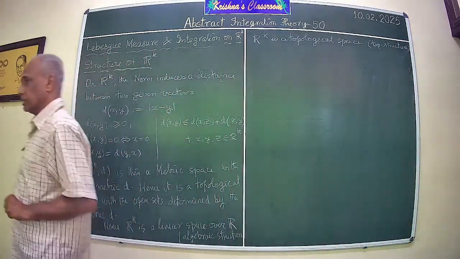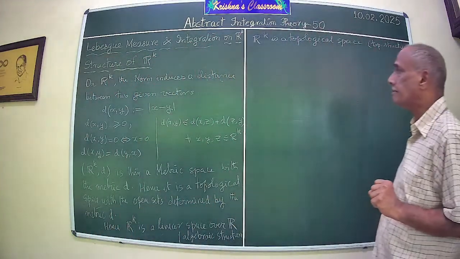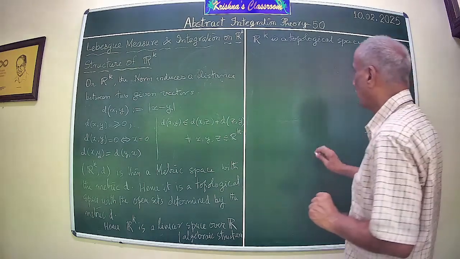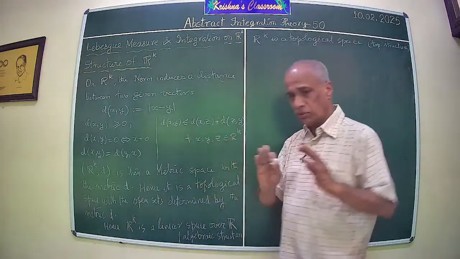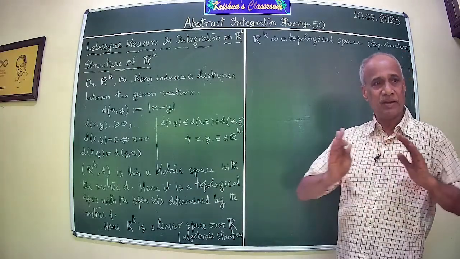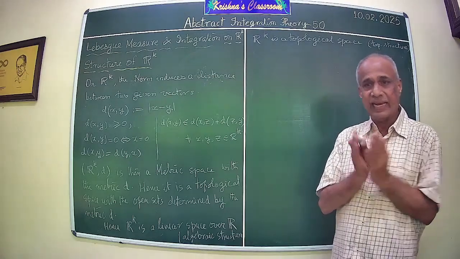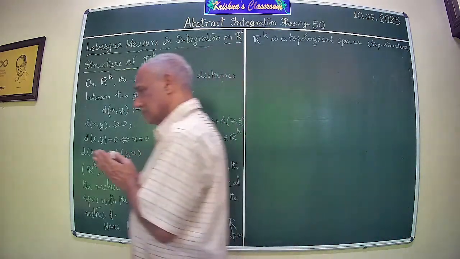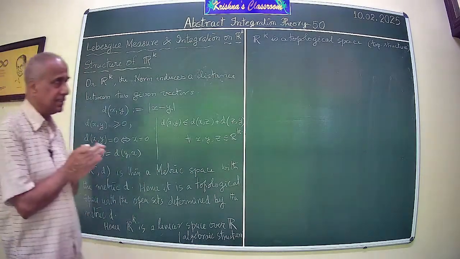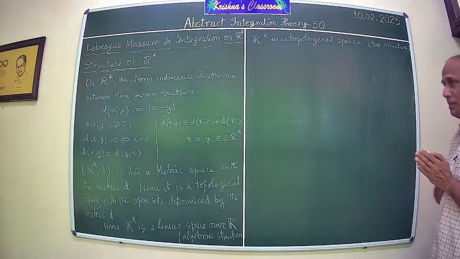So two structures are there. One is the linear space structure. The other one is the topological structure. Okay. Now, when you have two structures sitting on the same space, you cannot have something creative happening unless they interact positively. Positively means smoothly.